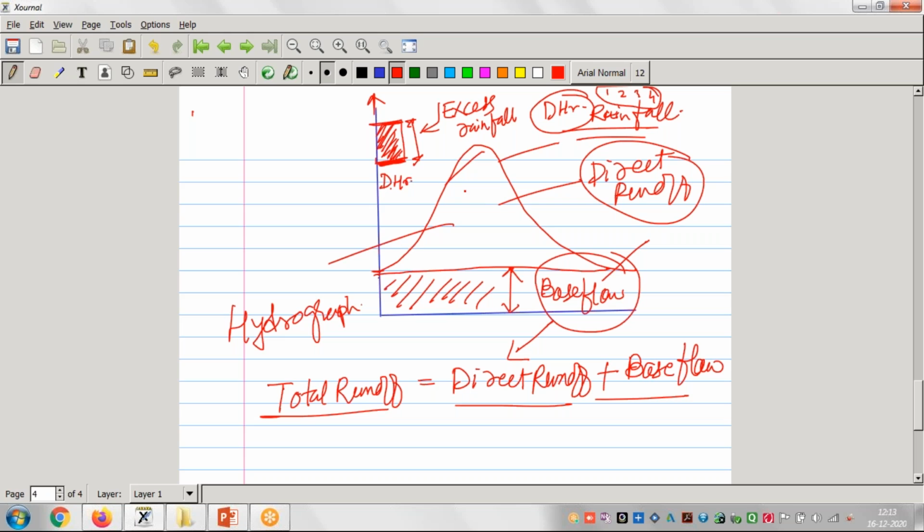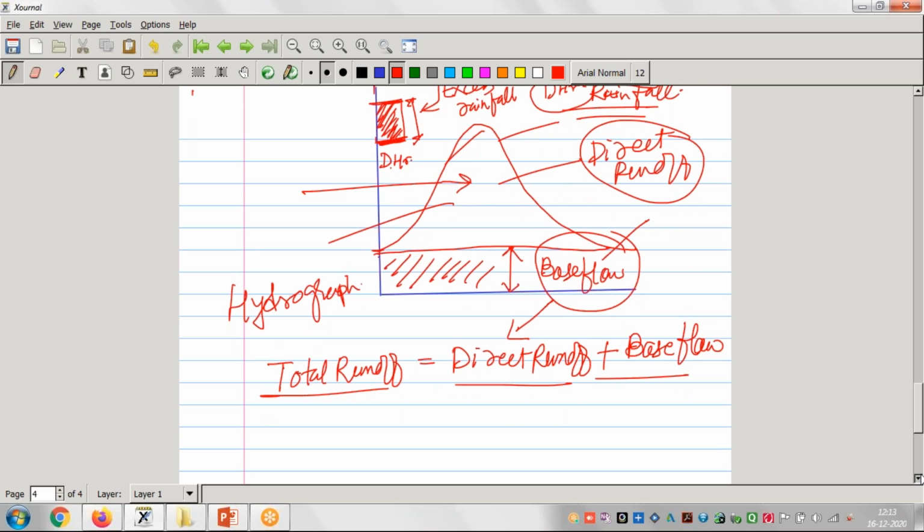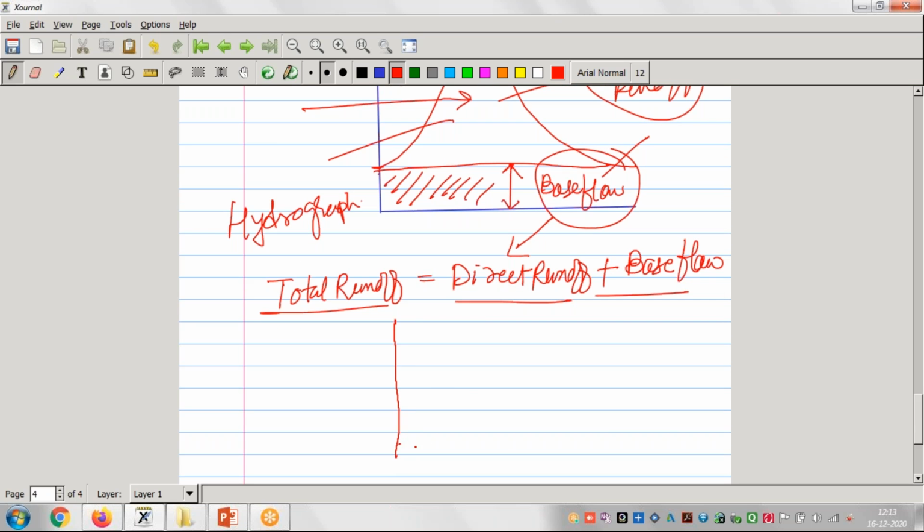And this hydrograph, we can say, is because of the total runoff. So I will say that this hydrograph is the flood hydrograph. Whatever hydrograph is prepared because of this total runoff will be called the flood hydrograph.